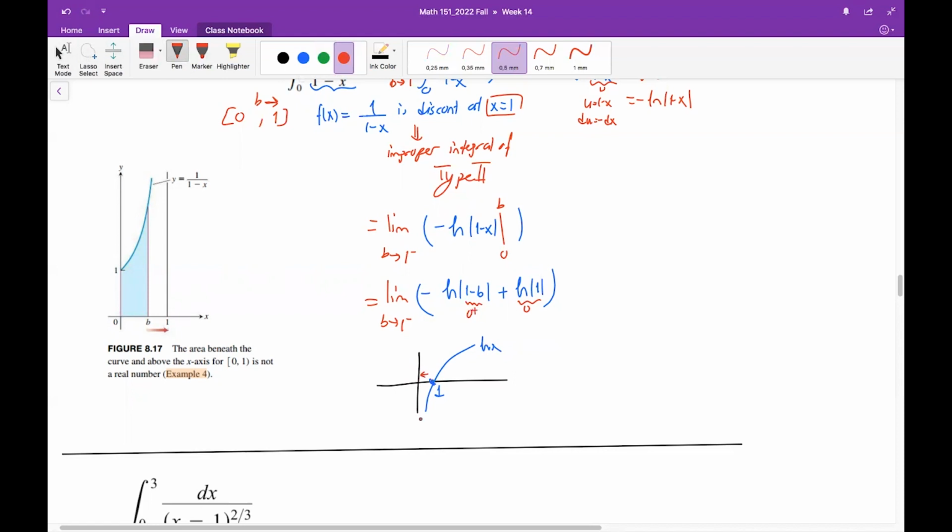So if x goes to 0 from the right, the results are heading towards minus infinity. There is another minus here. So this goes to minus infinity as b goes to 1. Minus minus plus. So the result is plus infinity. When the result is not finite, it is an infinite value, you say that your improper integral diverges.